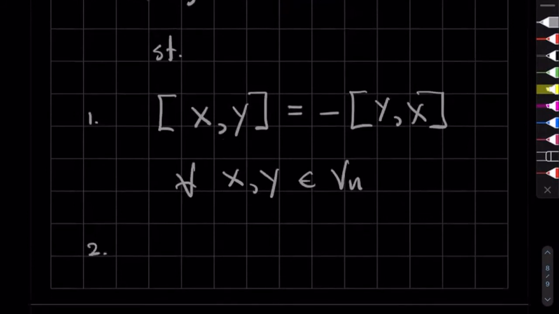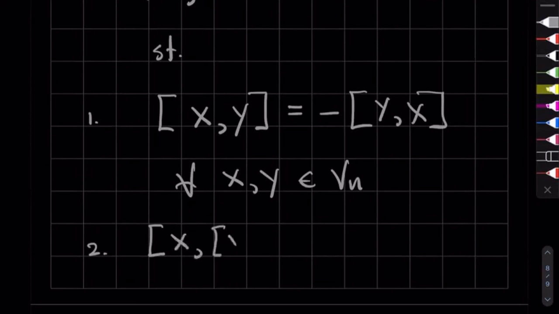It's a non-associative product, unlike the group multiplication. The group multiplication is also binary, but that's an associative product. Associativity is a very important rule, but this is a non-associative product. So you have to specify, if I have 3 elements, what the rule is, and that rule is given by the Jacobi identity.